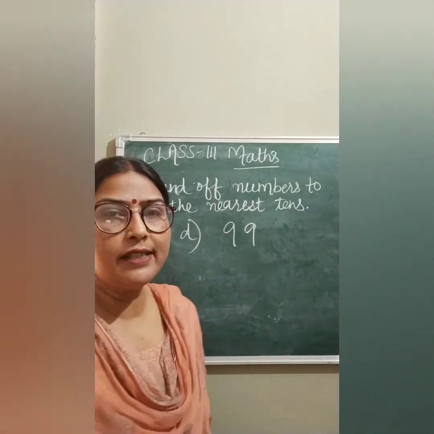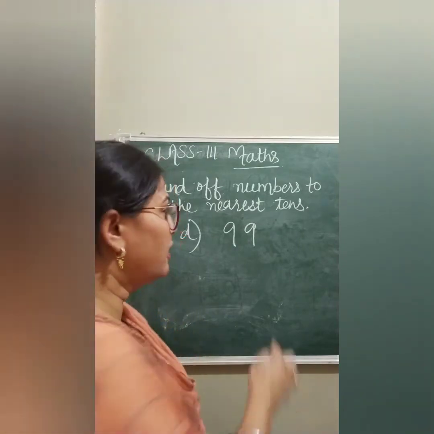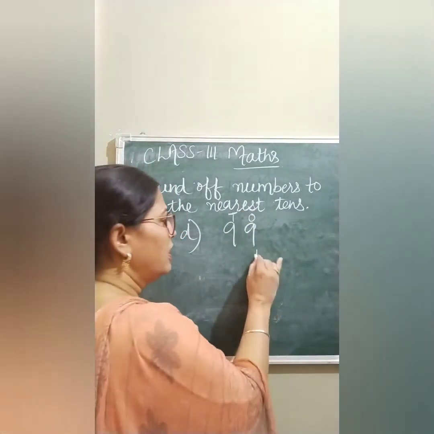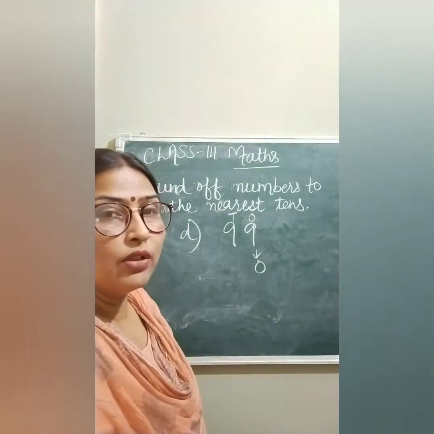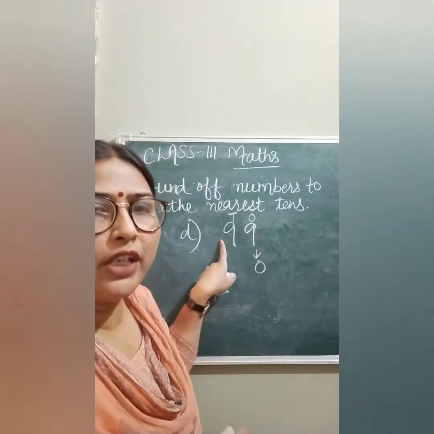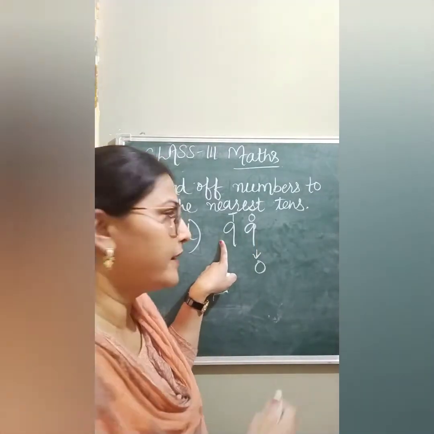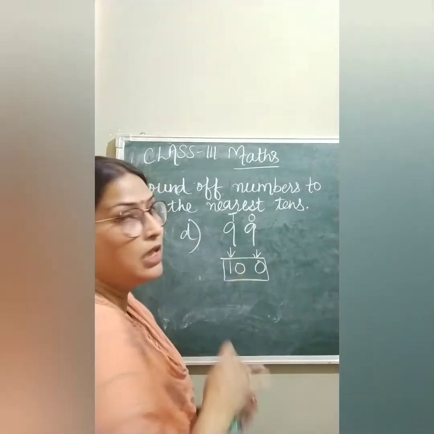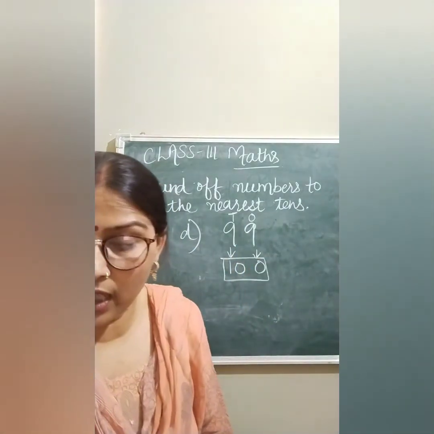It is 99. Yes. Firstly we will write the places. Yes. Then ones place digit 0. Yes. Now ones place digit is more than 5. So the tens place digit will become next. It will become 10. So the answer is 100.